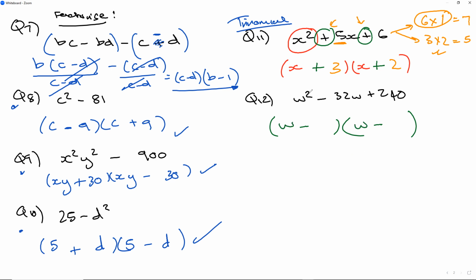And then w times w will get me w squared. Because now all I need to do is get these two terms, which multiply to get 240, but add to get 32. We've got two minuses involved in here.